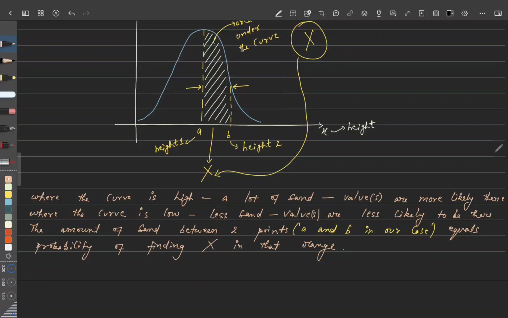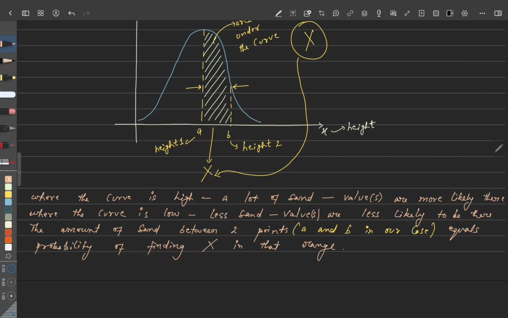Okay, so what this means is that if the amount of sand between points A and B is a lot, that means that you have a very high chance of finding X between those 2 points.